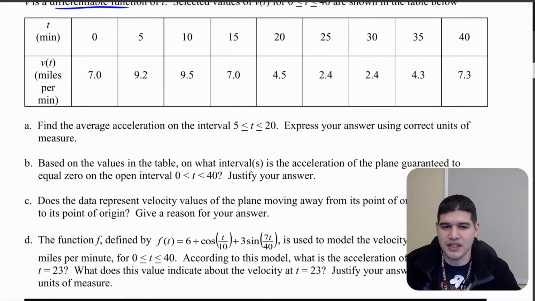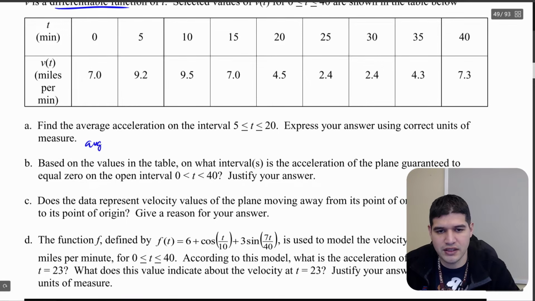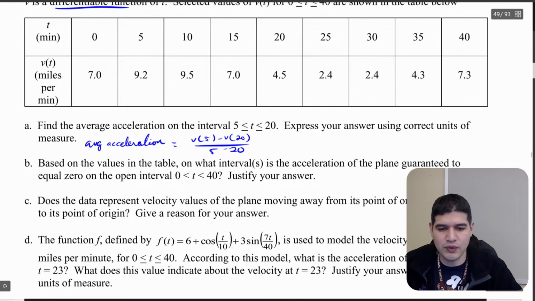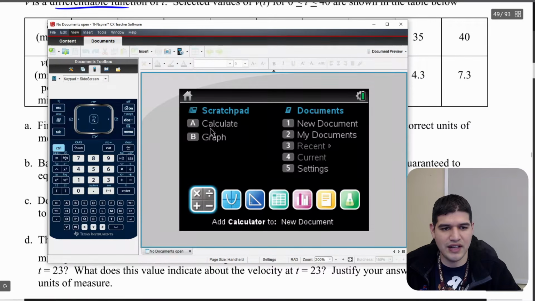Since we're given velocity, average acceleration is going to equal v of 5 minus v of 20 over 5 minus 20. I'm not even going to deal with any of these other values from the table.